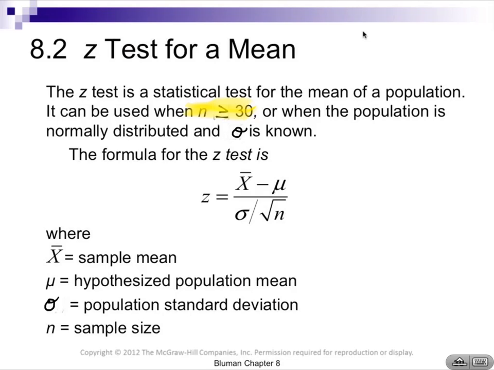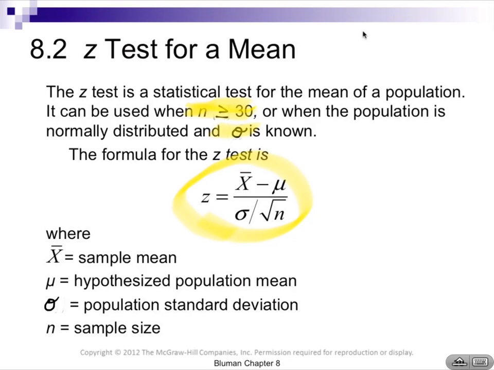When the population is normally distributed, which should be said, and sigma is known, you know the population standard deviation, the formula for the z-test is right here. Z equals x bar minus mu over sigma divided by the square root of n.